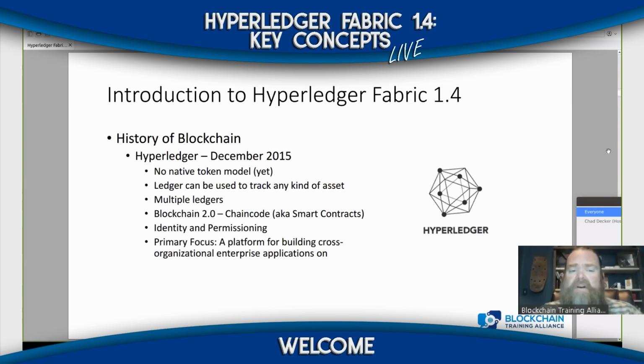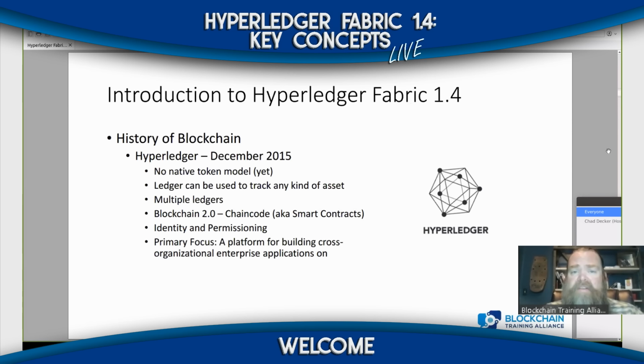What really starts to make Hyperledger different, in addition to this concept of having multiple ledgers, is that it is not an anonymous platform. We give up anonymity for identity, and we give up full transparency and open access for a permissioned solution.